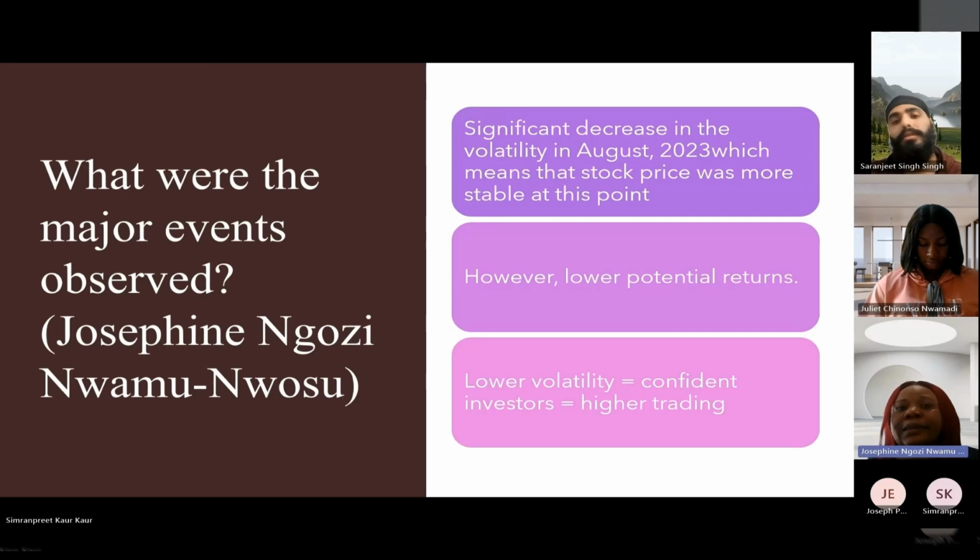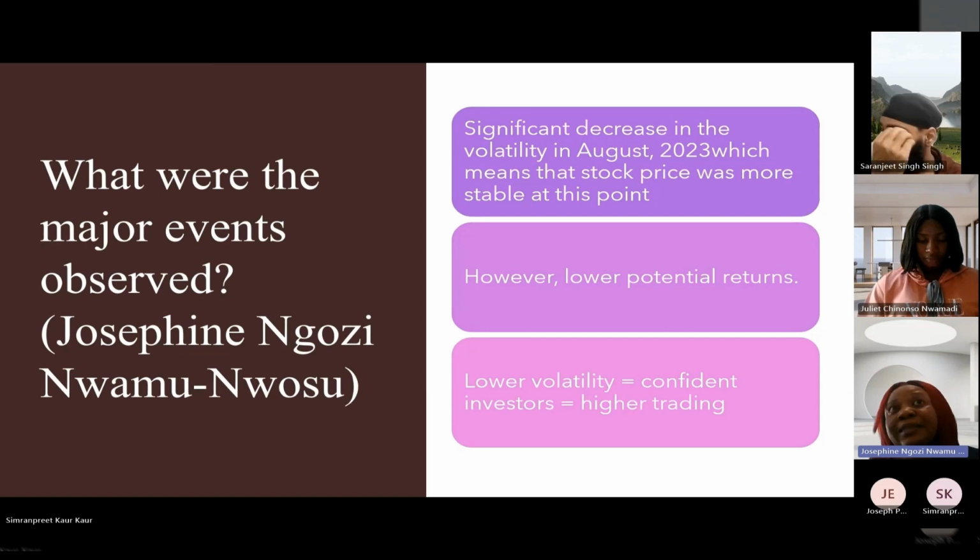In this slide, we will look at the major events that took place during this period. We observed a significant decrease in volatility in August 2023, which means the stock price became stable in the third quarter of 2023.